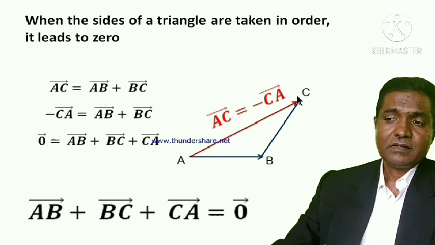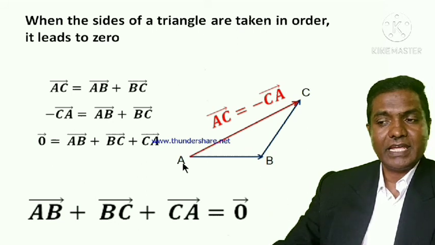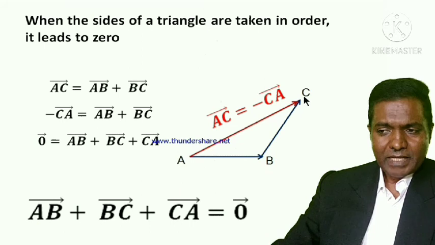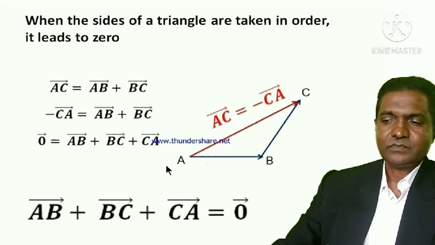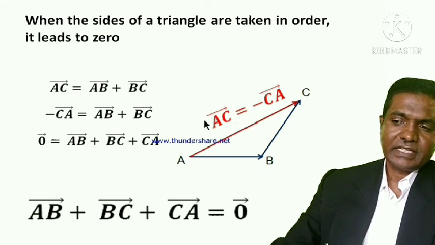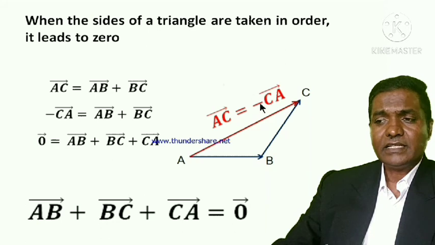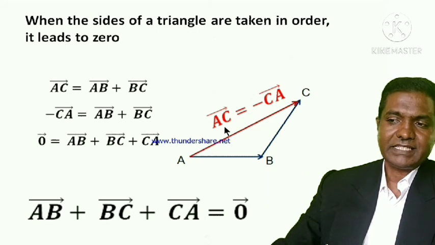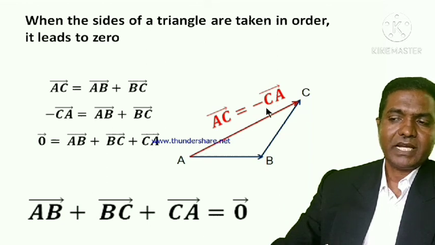But what if we also take CA, all in the same direction, and look at AB plus BC plus CA? See, I have already explained negation of a vector. Vector AC can be written as minus vector CA. You have learned it in negation of a vector: AC and CA are opposite vectors, so AC can be written as minus CA.